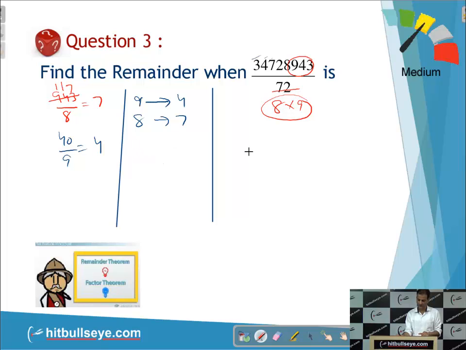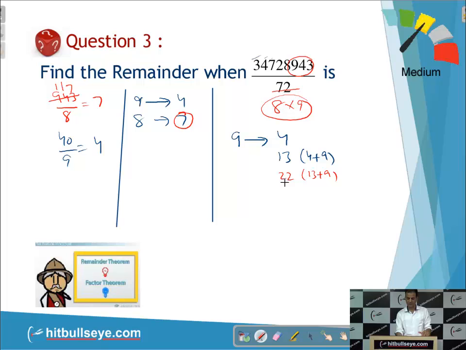So again you can write 9, remainder is 4, as we have already done. 4 plus 9 is 13. 13 divided by 9, remainder is 4, but 13 divided by 8, remainder is 5, and we want remainder 7 by 8. 13 plus 9 is 22. 22 divided by 8 gives remainder 6.